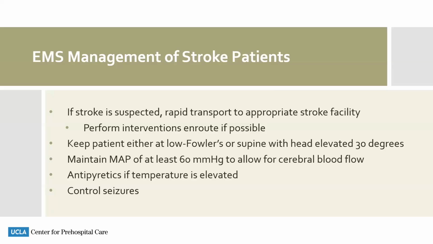So what do you do? You're going to go to a stroke facility. Why? Because they have the neurospecialists that can go in, depending where the clot is. Sometimes they can go in the blood vessel and pull out the clot. Sometimes they can go in with medicine and dissolve that clot.